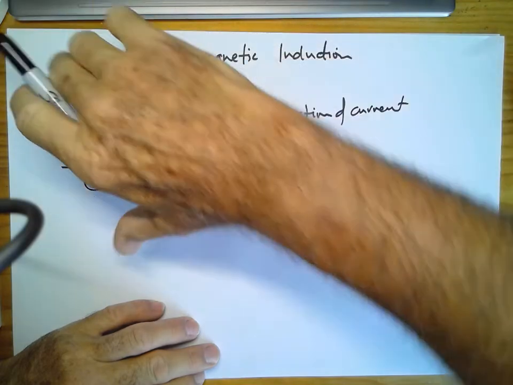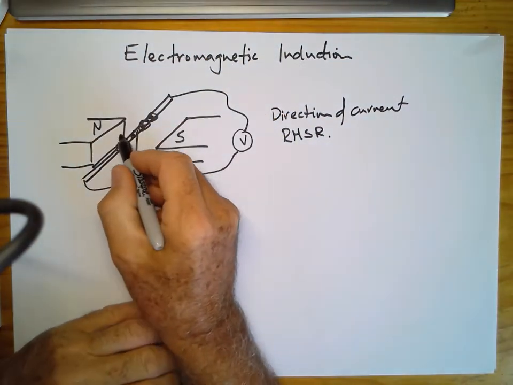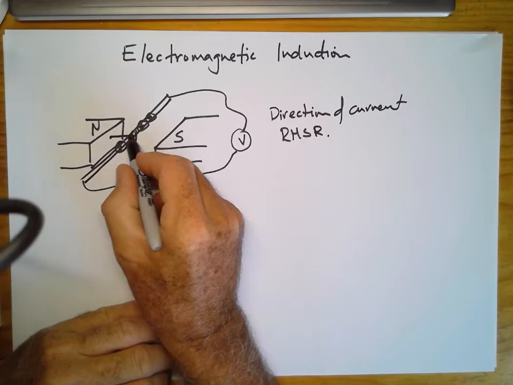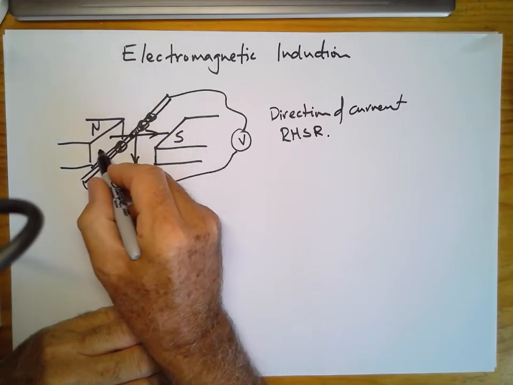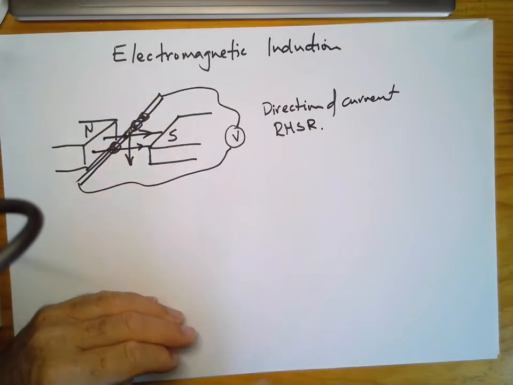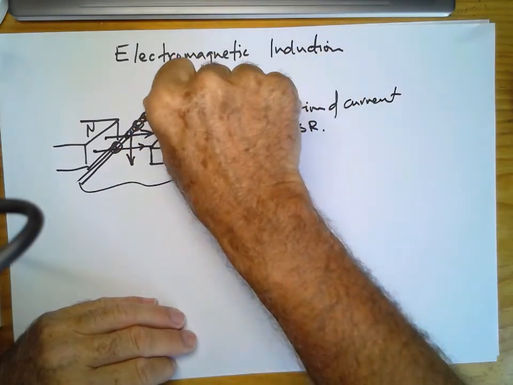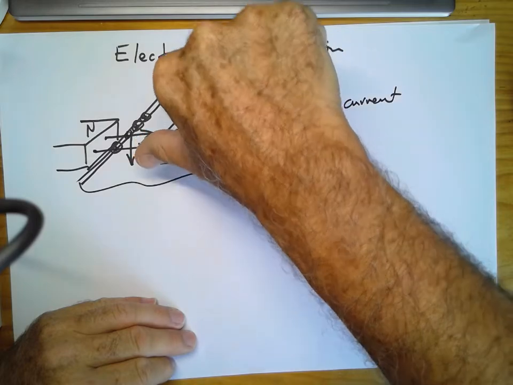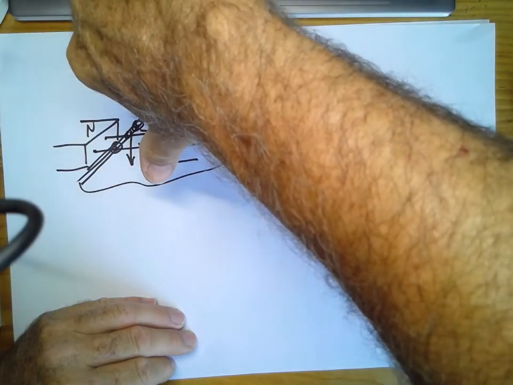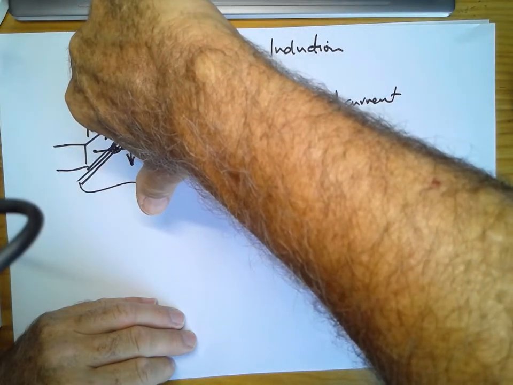And then when we consider the magnetic field, direction of the magnetic field from north to south, then using our right hand slap rule, the positive particles in the wire going down is equivalent to a current going down.